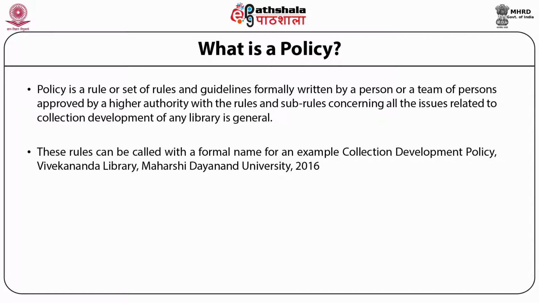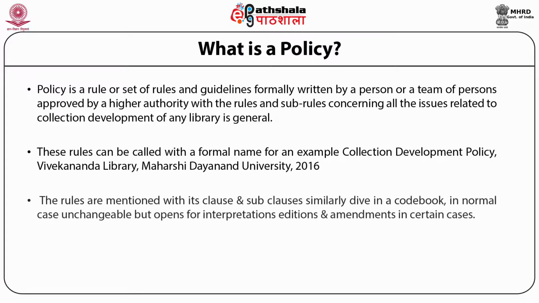Nobody can go beyond that. Certain things are written, which kind of books, journals, or other materials are to be purchased, is written with rules, sub-rules, clauses, sub-clauses, so that the entire library collections will be guided by this.